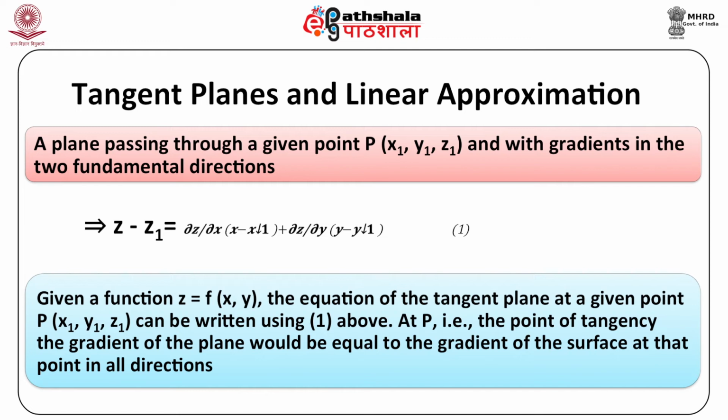Given a function z is equal to f(x, y), the equation of the tangent plane at a given point P(x1, y1, z1) can be written using equation 1 above. At P, that is the point of tangency, the gradient of the plane would be equal to the gradient of the surface at that point in all directions.